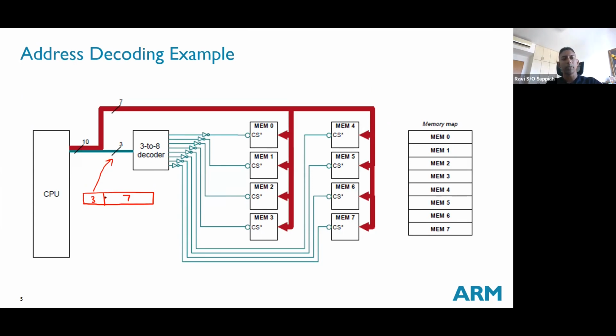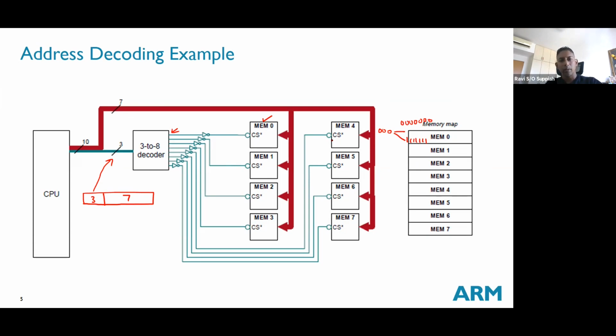When the upper 3 bits are 0, as you can see down here, for this first memory 0, the lower 7 bits will go from 0, 0, 0, 0, 0, 0, 0, all the way to 1, 1, 1, 1, 1, 1, 1. That will be the entire range where the first chip select line will be activated, and that means only the first memory will be activated.